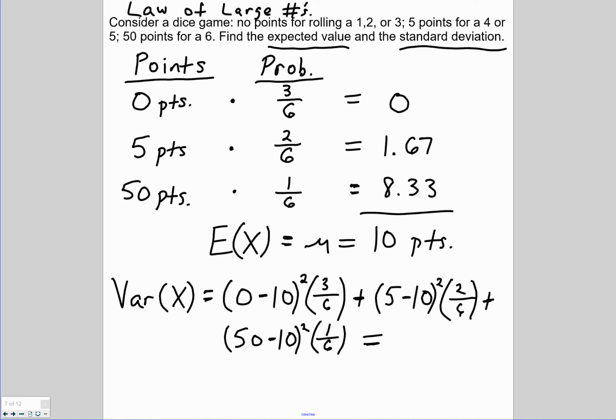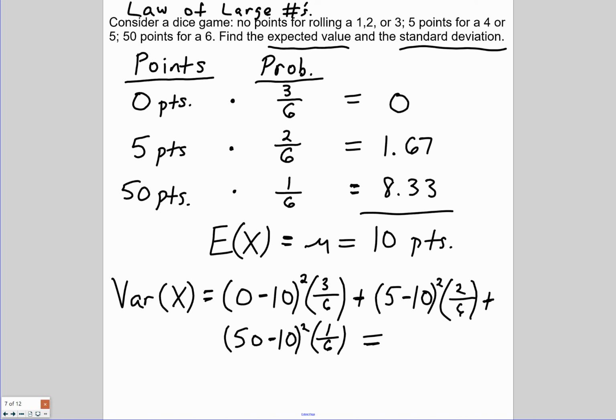So you need to take out your calculator. What I would do if I was using my phone calculator is I would find 3 numbers, one for each kind of set of these. So 0 minus 10, we can do that. What's 0 minus 10? Negative 10, square it. I'm doing the first one. 100. And then what's 100 times 3/6? 50, very good. So that first number is going to be 50.